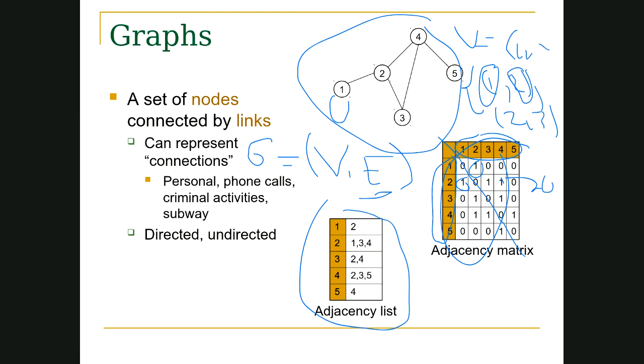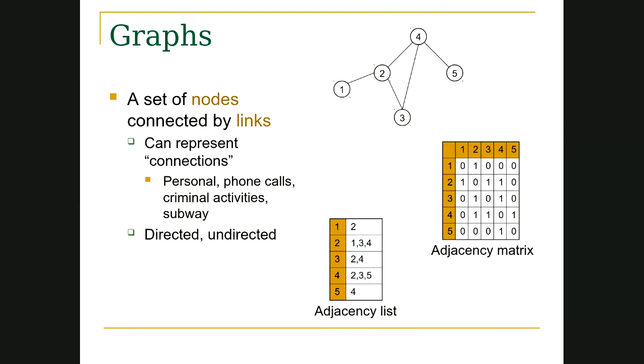Because for 1, for example, the list is only connected to node number 2, but 2 is connected to 3 of them. So you have variation. Some of these are longer than others. You have to have some sort of list structure to do that. So that's another way to do it algorithmically.